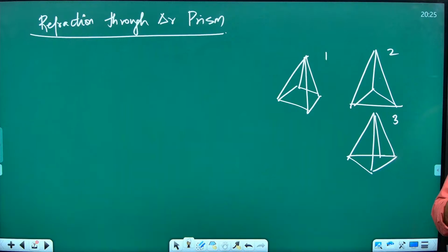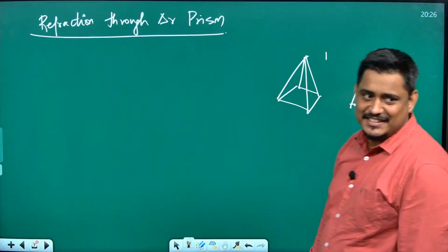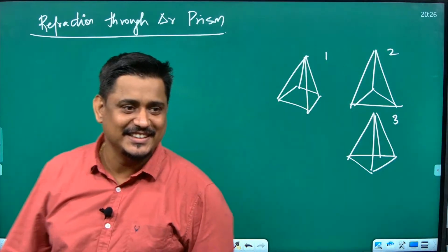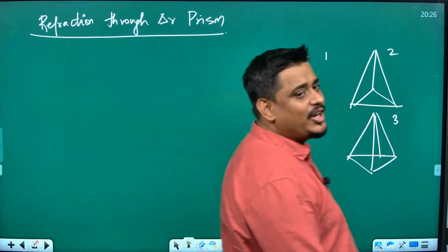Ivan, you said your answer, you cannot change. Okay, Kirti. Sir, I think it's 1. Harvish. One, sir. Anshul. None of them is prism.